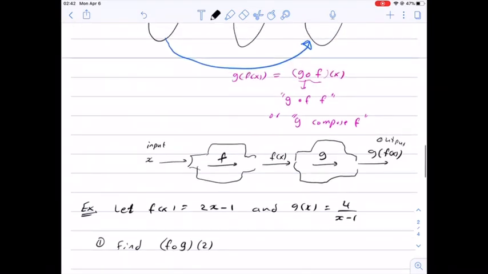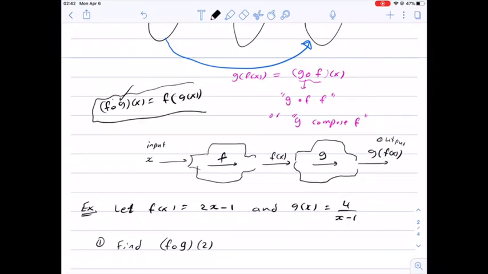So in order to do this, we need to remember that f circle g of x is f of g of x. This is the inner function. So you need to remember this, how to write this using this notation.